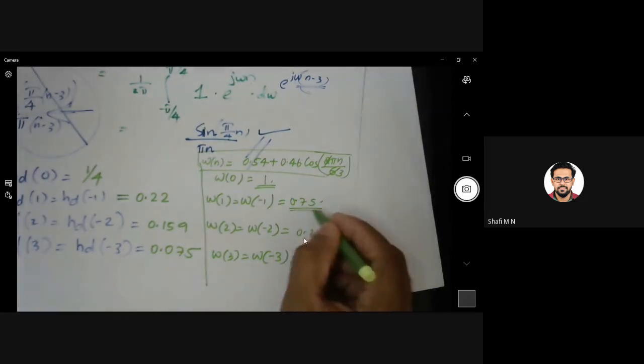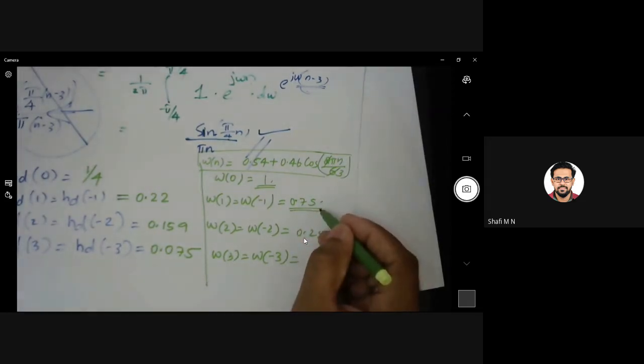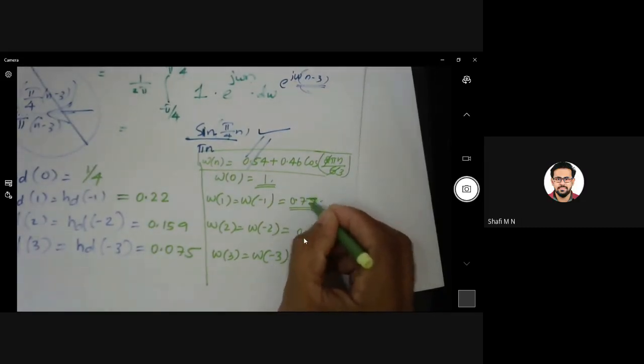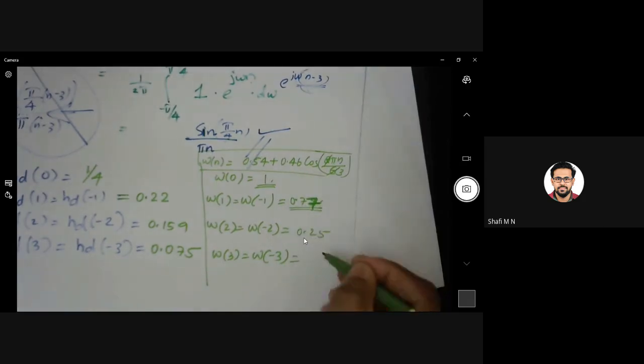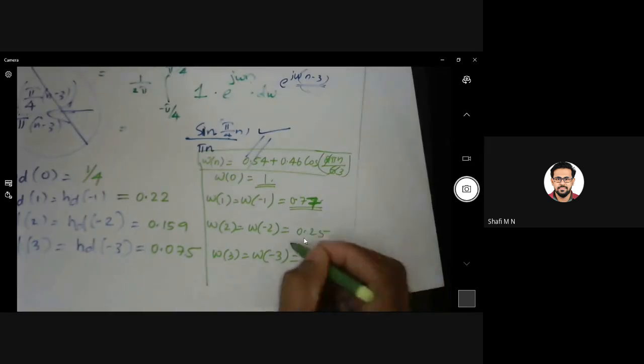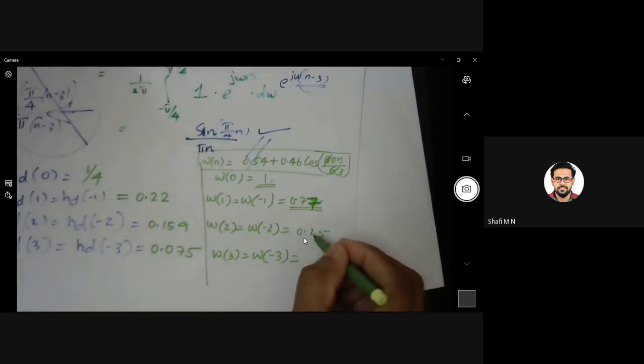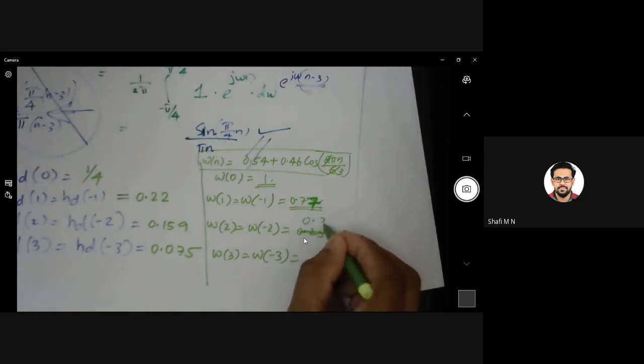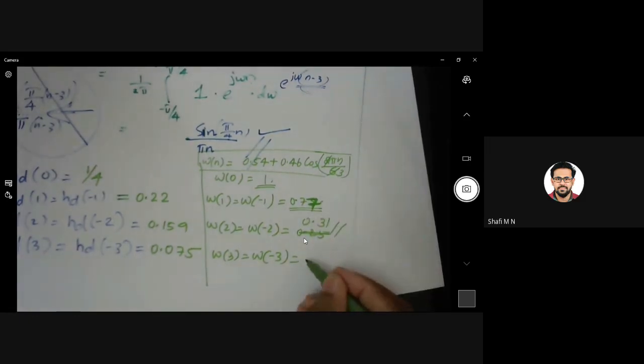Is it correct? ഓക്കെ 0.77. ഇപ്പൊ ടെക്സ്റ്റില് ക്വസ്റ്റ്യൻ തെറ്റിയതാണ് കേട്ടോ. ടെക്സ്റ്റിൽ ഹാമിംഗ് വിൻഡോ എന്ന് കൊടുത്തിട്ട് അവർ ഹാനിങ് ആണ് യൂസ് ചെയ്തിരിക്കുന്നത്. ഓക്കെ, then what was this thing? 0.31 ആണ്. 0.31. Okay, and this one, that will be 0.54 minus 0.08 ആണോ? Yes sir. Okay.